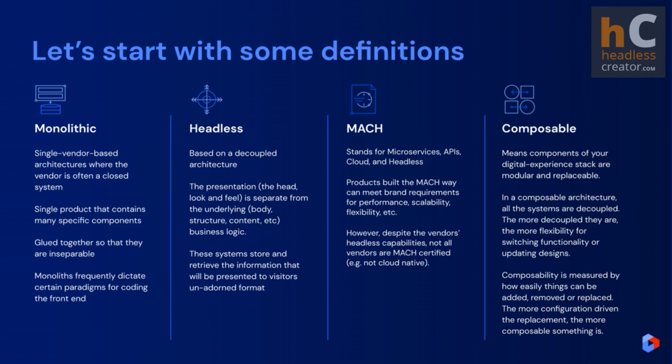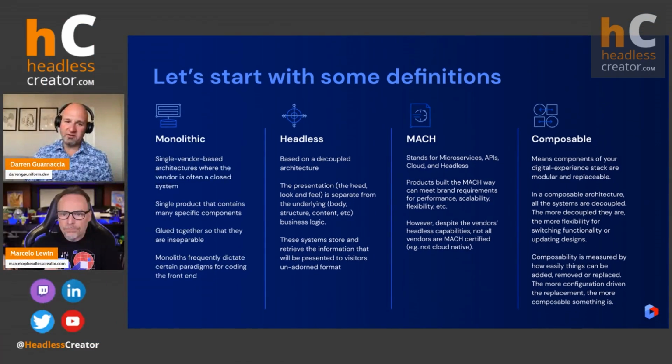And if you are really composable, then it is very easy to do that. It's measured in that ability and the easiness in which things can be added, removed, replaced. But a lot of vendors are confusing and muddying up the waters by jumping in and saying, hey, we're composable, because they have some APIs. But that is not necessarily the same.